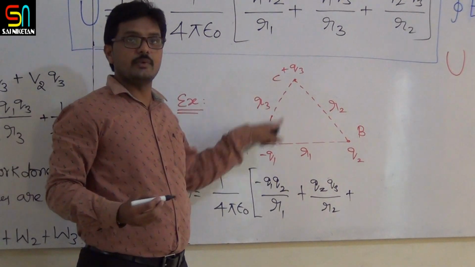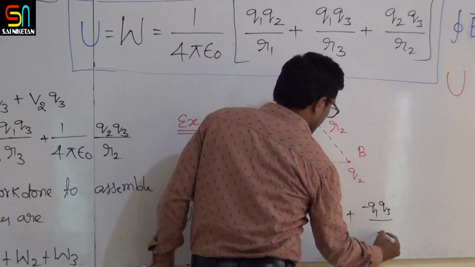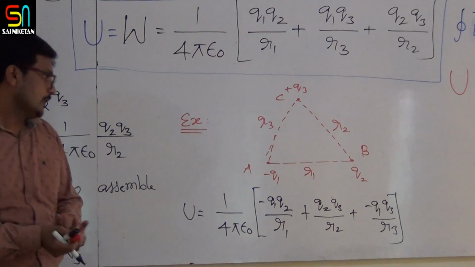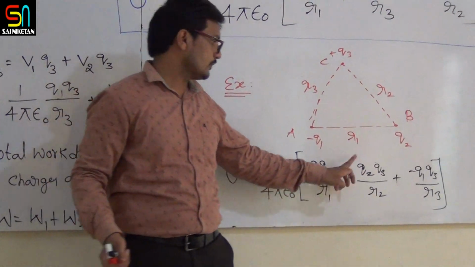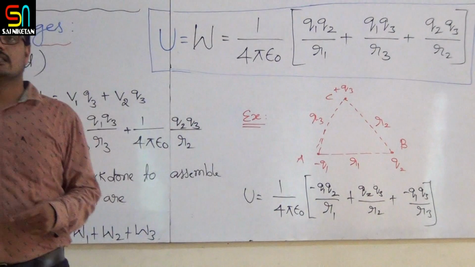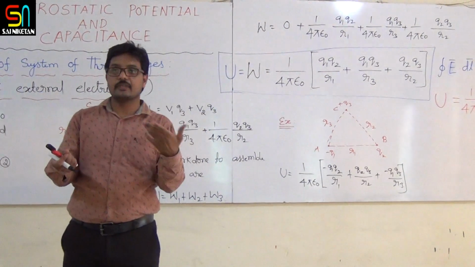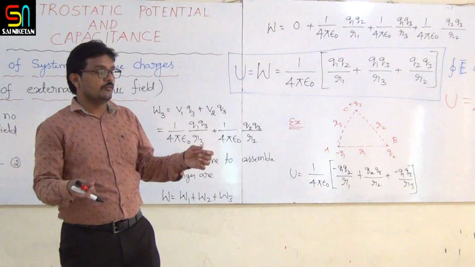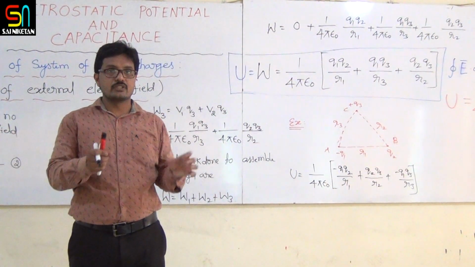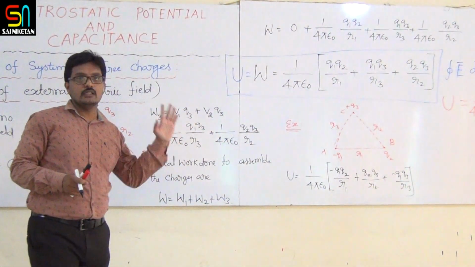Here minus and plus are there, so minus Q1 into plus Q3 divided by the distance R3. Now we can simplify it: minus Q1 Q2 by R1 plus Q2 Q3 by R2 minus Q1 Q3 by R3. So while finding the potential energy for a system of charges, it may be 3 charges or it may be n charges, we should write the combinations of the charges and apply the original sign in that formula, then we can calculate the potential energy.